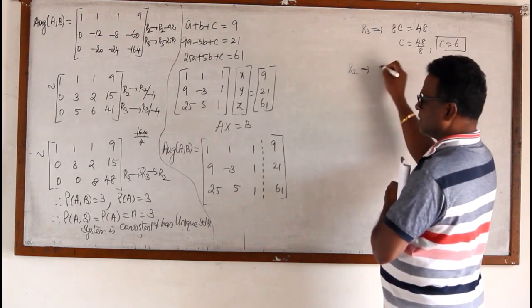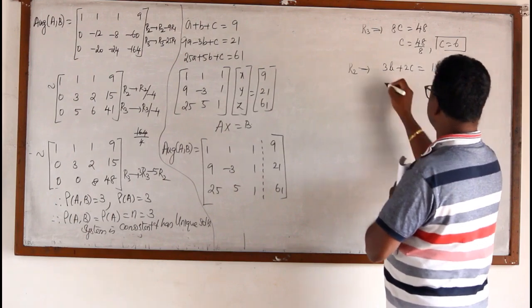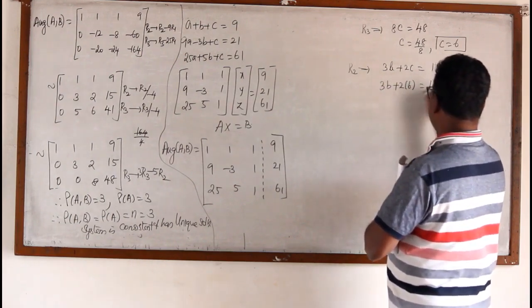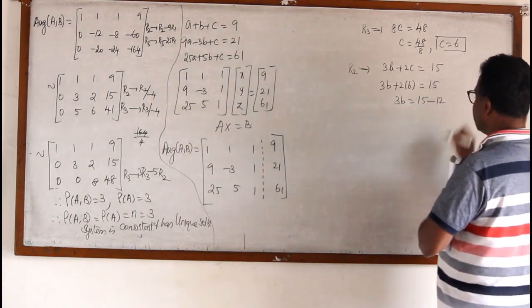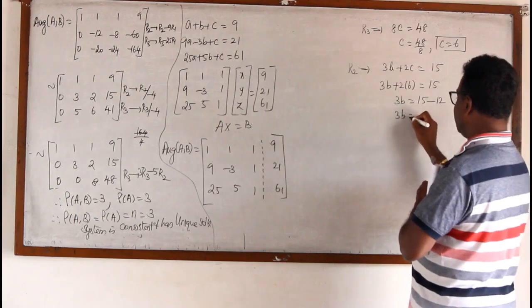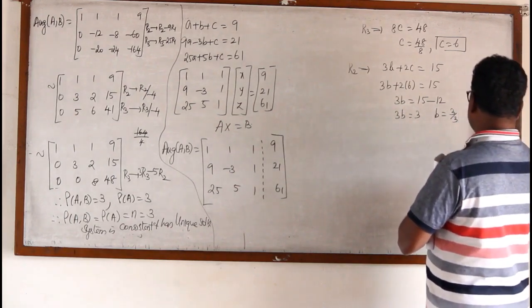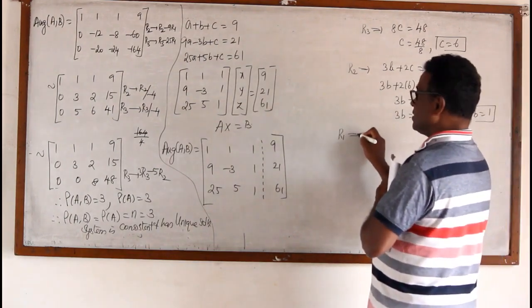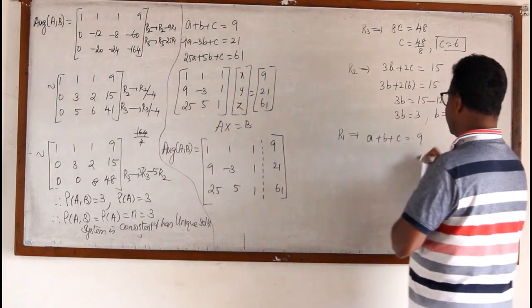R2 implies 3B plus 2C equal to 15. 3B plus 2 into 6 equal to 15. 3B equal to 15 minus 12. 3B equal to 3. B equal to 3 by 3, B equal to 1.